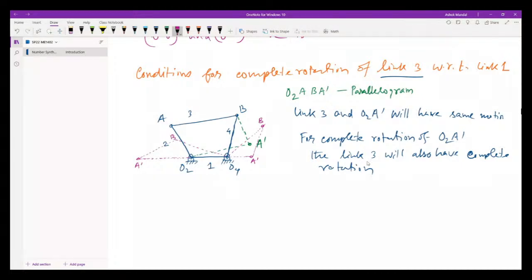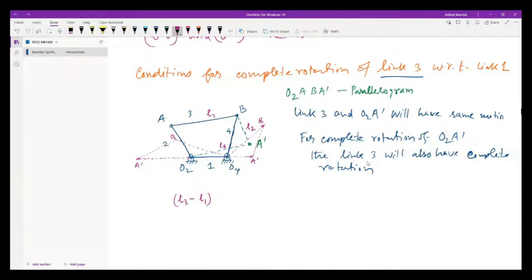Now I am writing these conditions from this. So L3 minus L1. Now this is the link length L3 and this is L2. Okay.